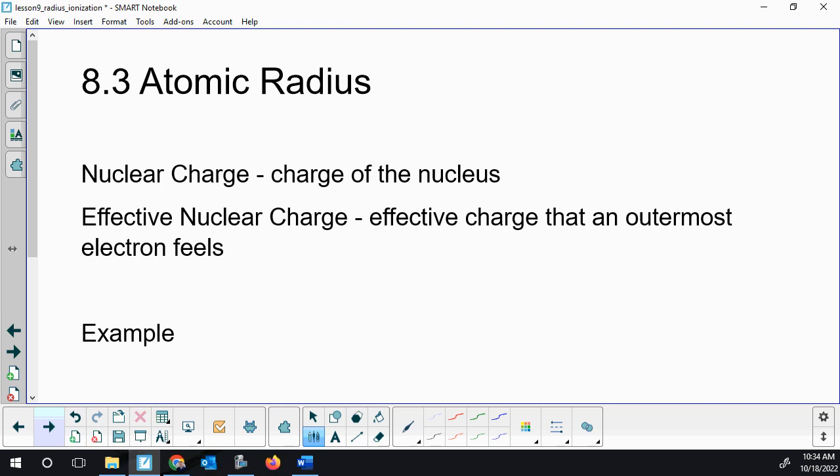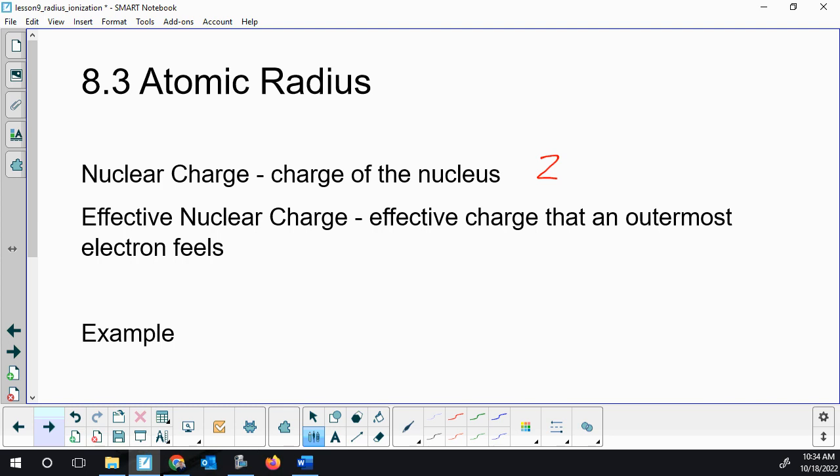So that's just the charge of the nucleus. That would be our Z letter, our atomic number. So what's the charge of the nucleus in helium? It's atomic number 2. So for its 2 protons.